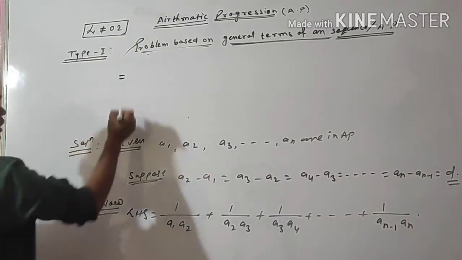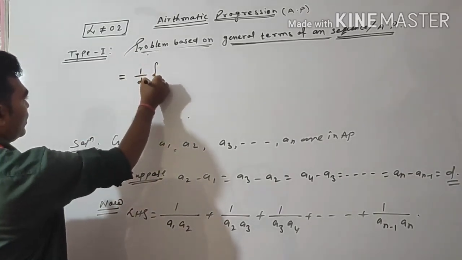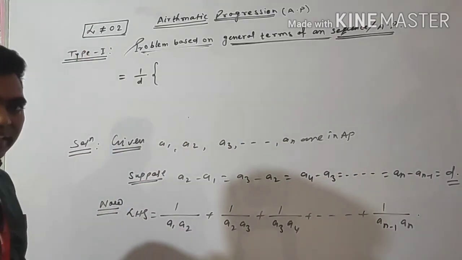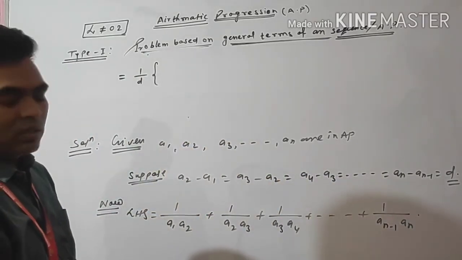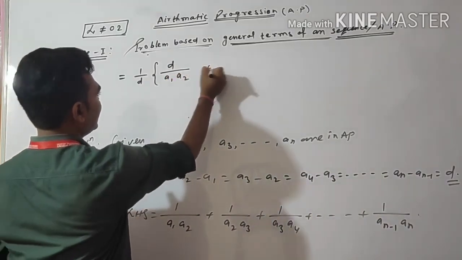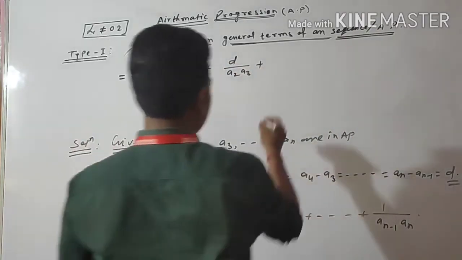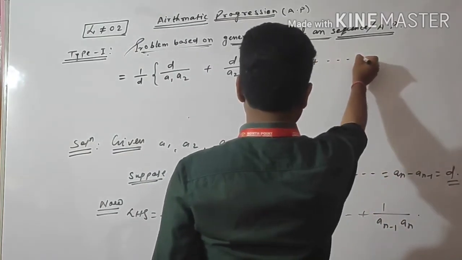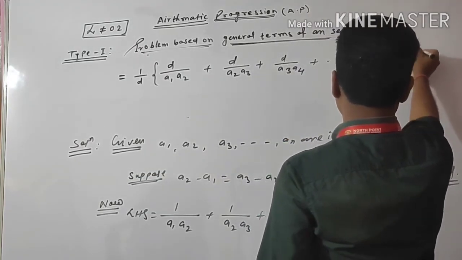And this equals, we divide by common difference D, so obviously multiplied by each and every term by D. Okay. So then D by A1 A2 plus D by A2 A3 and D by A3 A4 plus D by An minus 1 An. Okay.